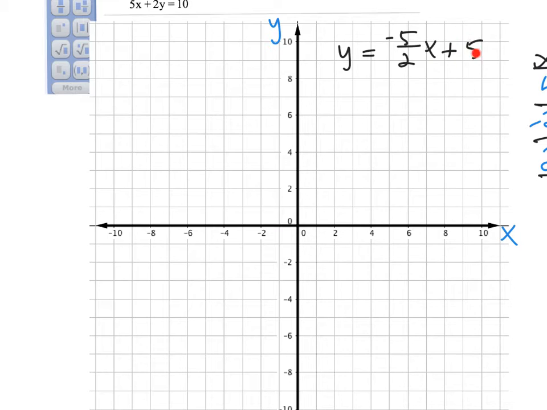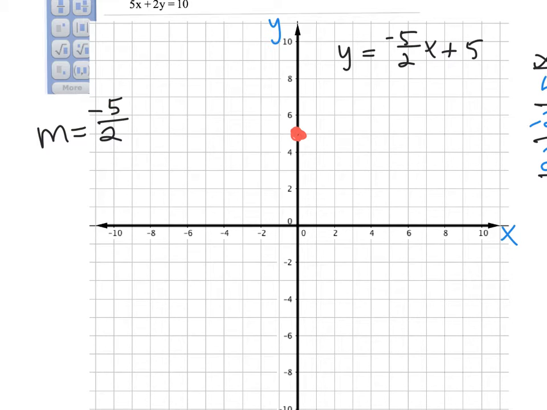And since it says positive 5, it means our first dot is going to go right here at positive 5. Now, this number here, this is interesting. It's called the slope. And for whatever reason, we use the letter M to represent slope.